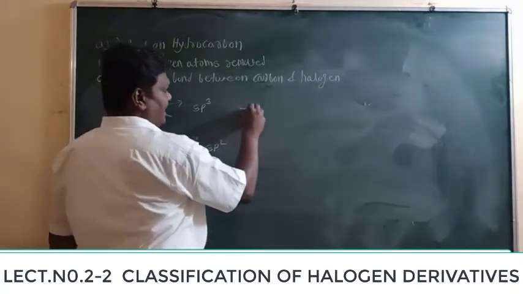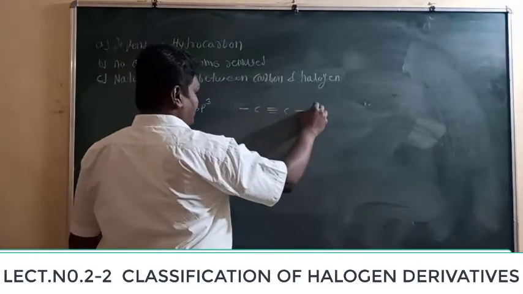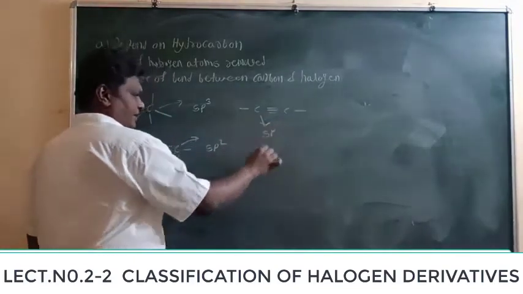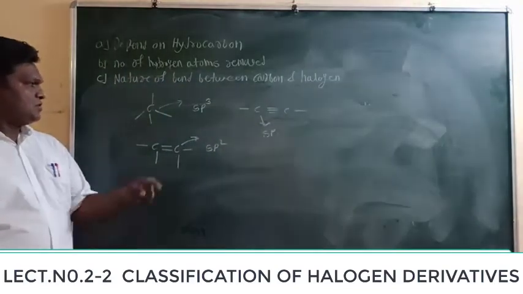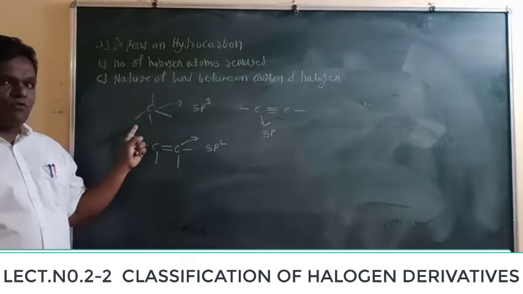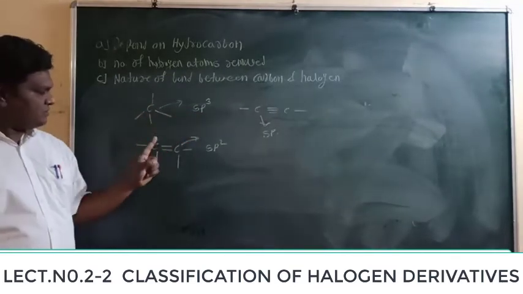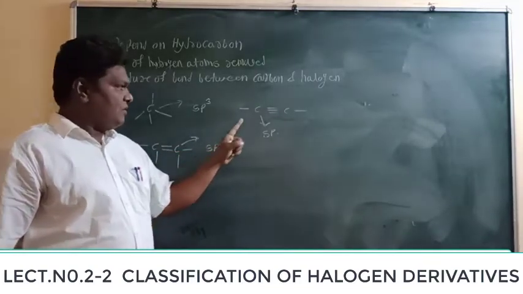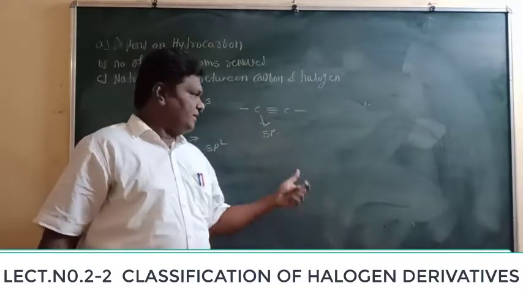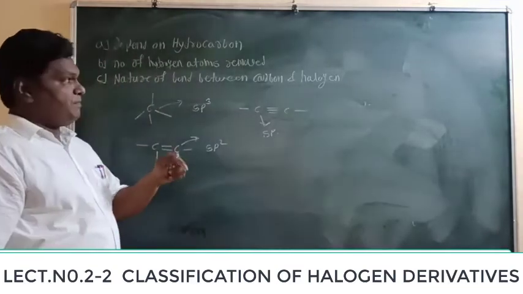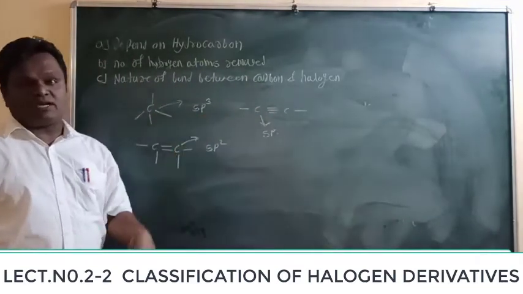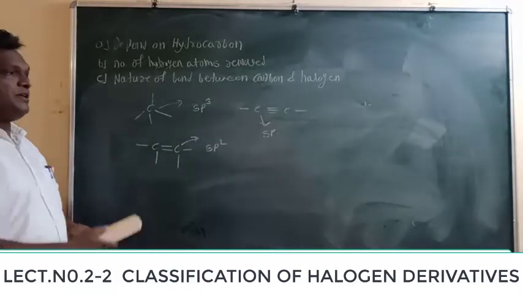If any carbon atom is forming a triple covalent bond, this carbon atom is under sp hybridization. So, a carbon with single covalent bonds is sp3, double covalent bond is sp2, while triple covalent bond is sp. So depending on the nature of the bond between carbon and halogen, we are going to classify these halogen derivatives.